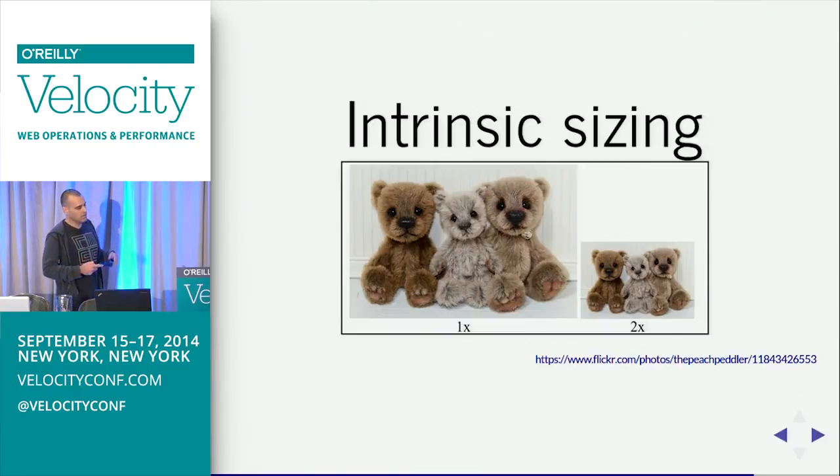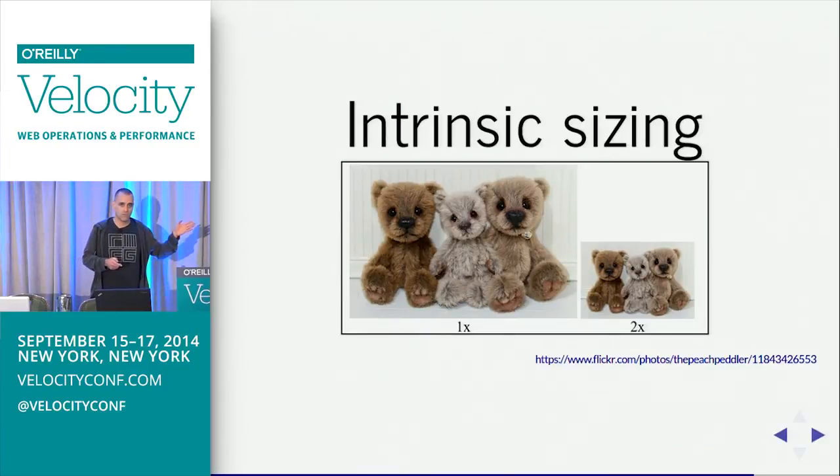Another thing is intrinsic sizing. The value of the descriptor you're giving the browser is used in order to determine the size of the image displayed if the browser has no other indications. So if you didn't specify height and width in CSS, the browser will take the physical image dimensions and divide them by the x descriptor.